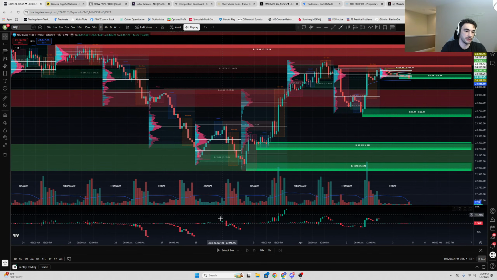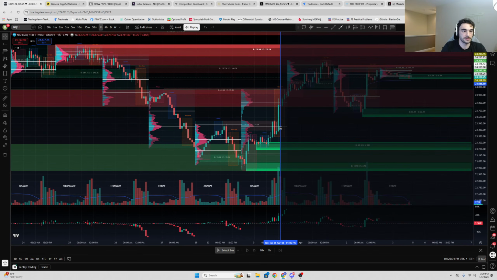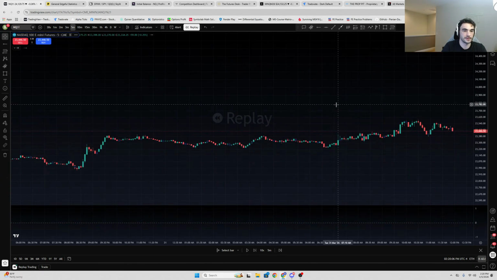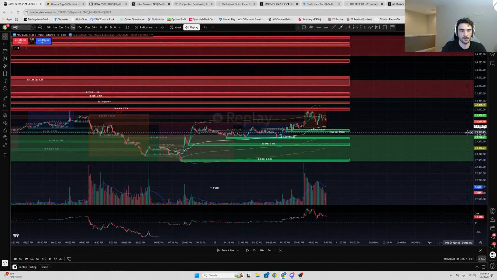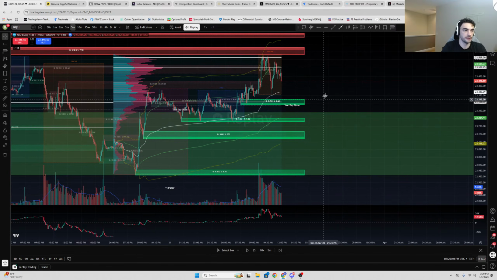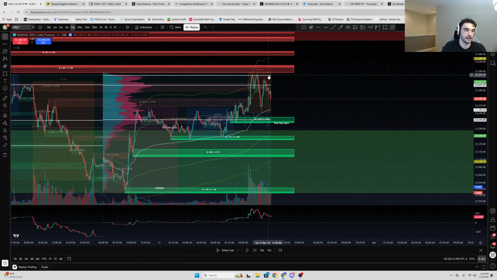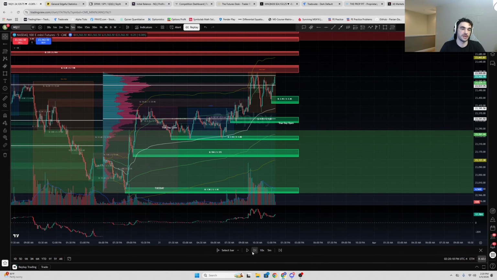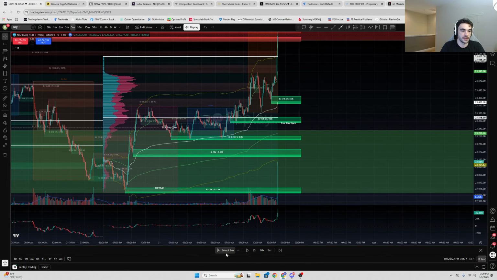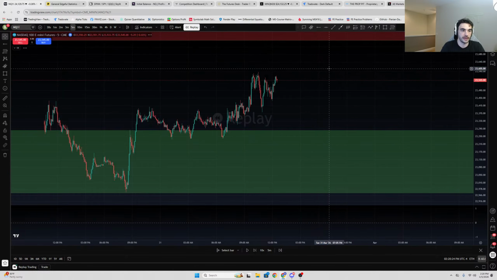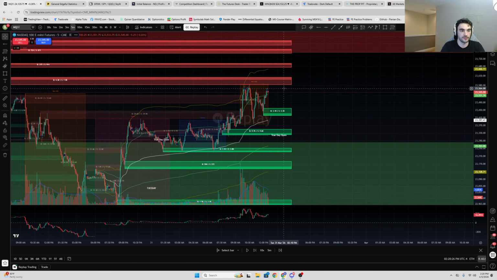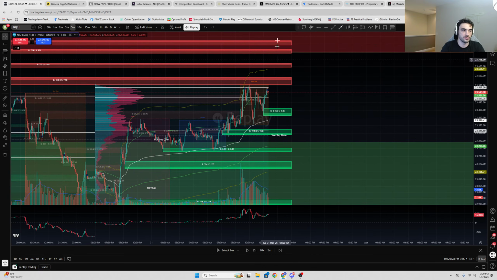If I go back to this area and look at my profile, I have POC up here and value area high up here. We just supported right at New York VWAP. We start pushing up, the POC is shifting up as you push higher. And then you're sitting right at this value area high, and then you just shove through it.